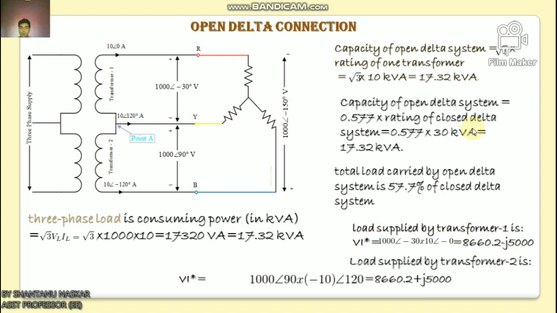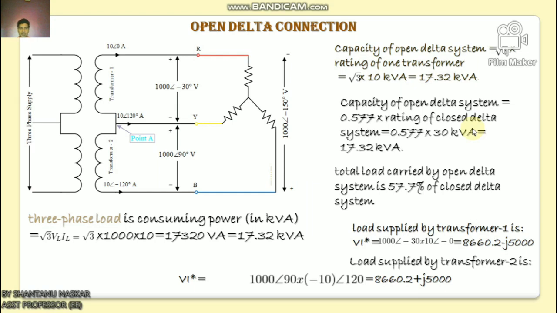Each transformer is operating at its rated capacity, and the efficiency of this open delta system will be less as compared to the closed delta system. This is because both transformers are operating at rated capacity, which is 10 kilovolt ampere, so their losses will be full load losses, but the output is reduced. Output is 17.32 kilovolt ampere instead of 20 kilovolt ampere.